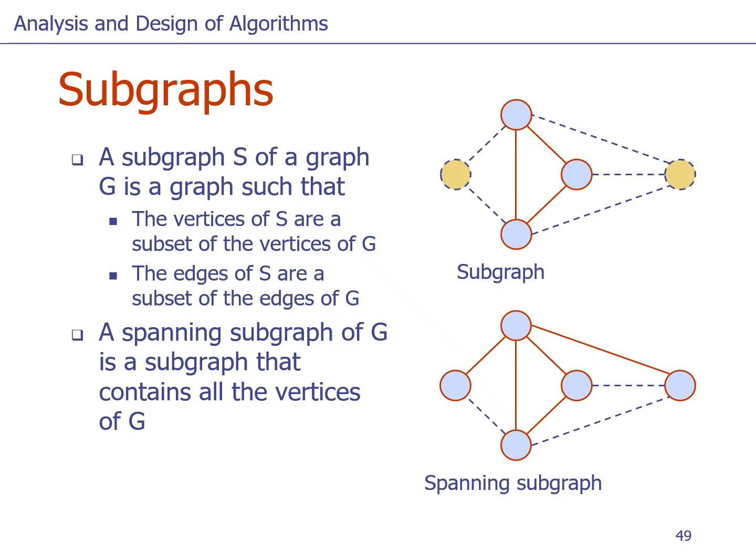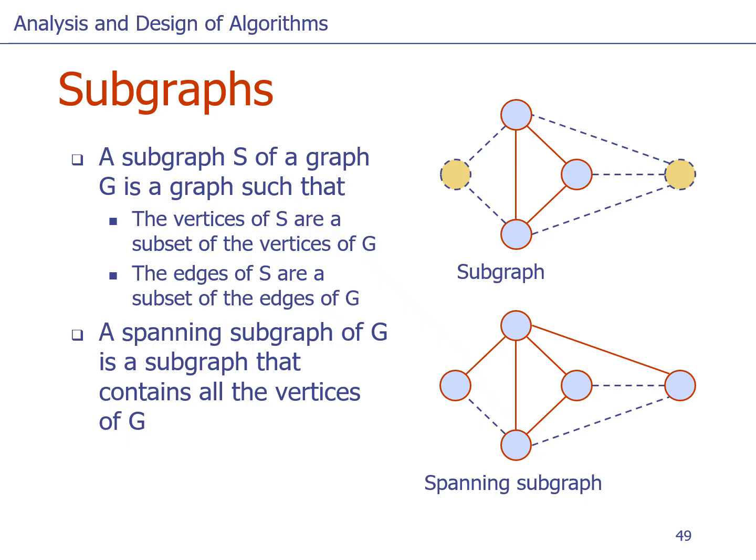So a subgraph could be spanning, or it could be non-spanning. If it's non-spanning, that means you got maybe 50 vertices connected together, and then you pick a number of them, let's say 20 of them, and you create a subgraph from that. But if you create a subgraph where you have all the nodes but not all the edges, then we call that a spanning subgraph, because this means you have access to all the vertices in the graph.